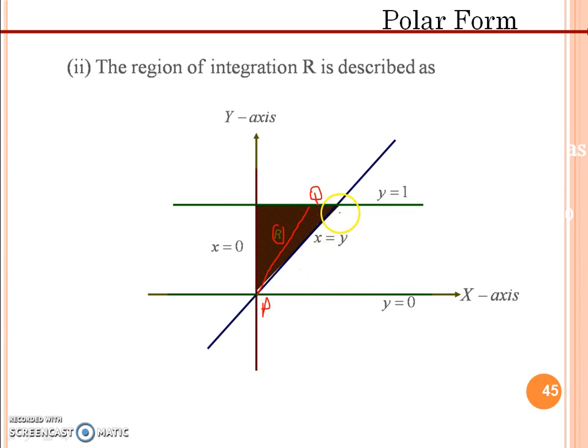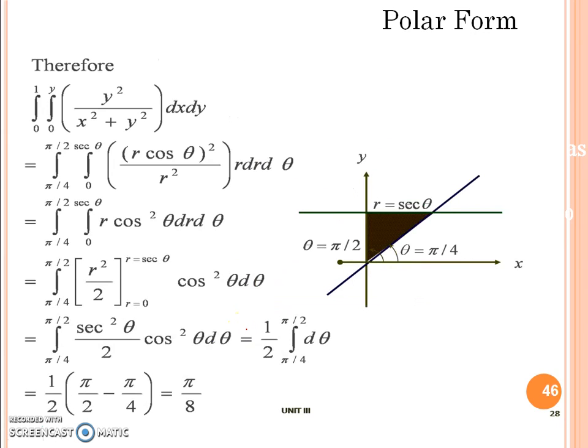This means the limit for theta is pi by 4 to pi by 2, and for r, r starts from 0 up to this line. Here y equals 1 is given. If we solve this, we get r equals sec theta, and we convert this limit into polar form.